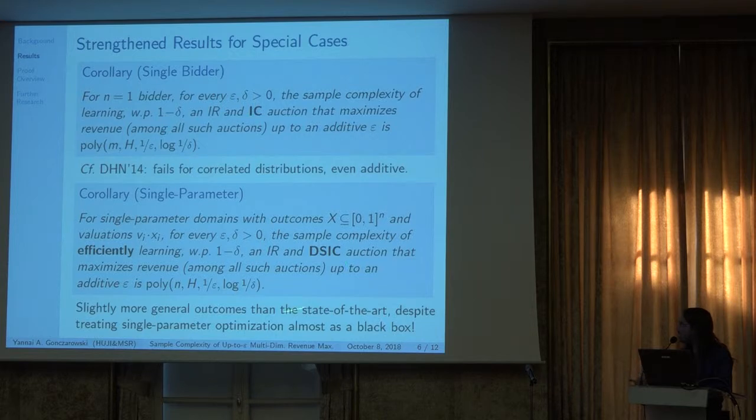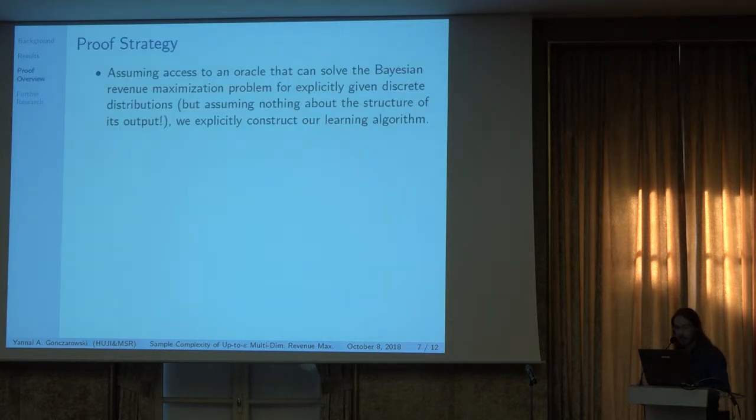So here, using a straight corollary of our analysis, we managed to match the known result by learning incentive compatible auctions and doing it efficiently. We actually have slightly more general outcomes than the state of the art, but crucially, we treat single parameter optimization almost as a black box here, as opposed to previous analysis that relied on very minute details of the structure of optimal auctions for single parameter settings.